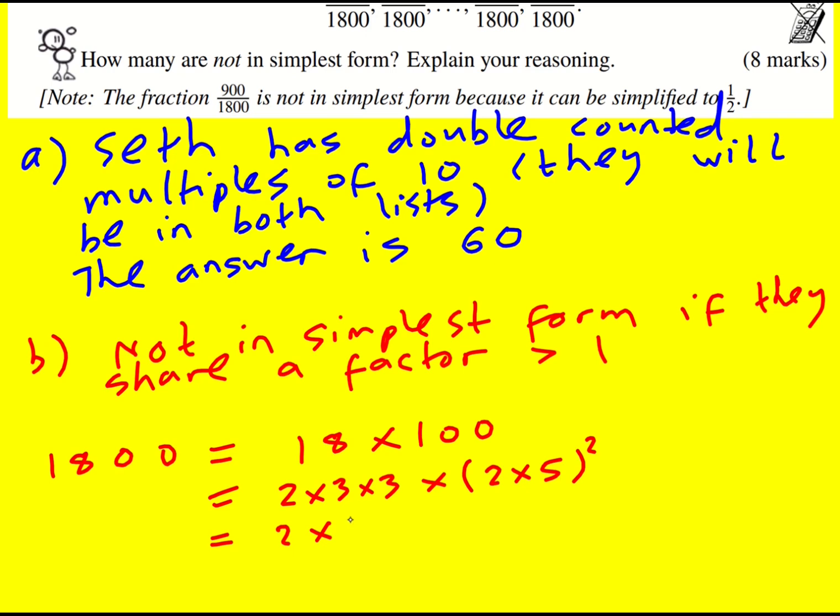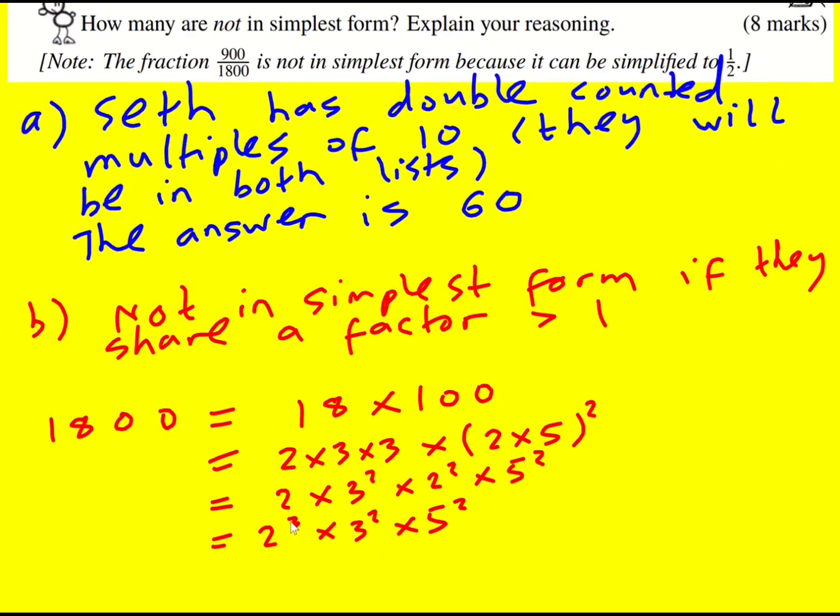Let me not rush it. 2 times 3 squared times 2 squared times 5 squared. So it's 2 to the power 3 times 3 squared times 5 squared. You can actually work out the number of factors by adding 1 to each of the powers and then timesing them. 4 times 3 times 3, which gives us 36 factors.